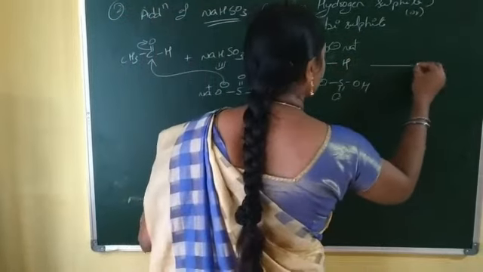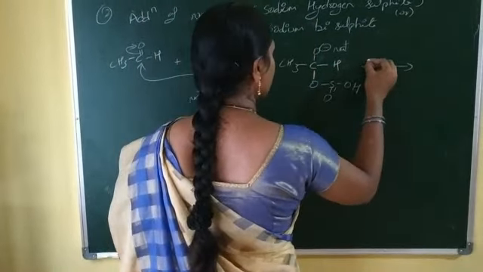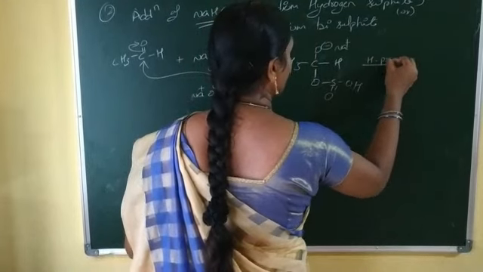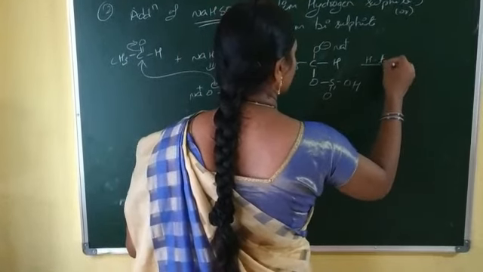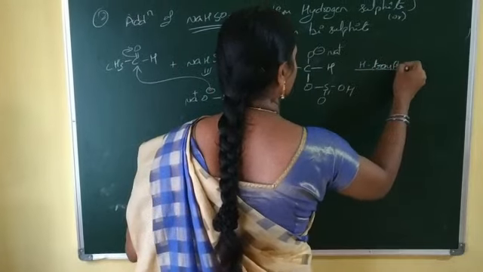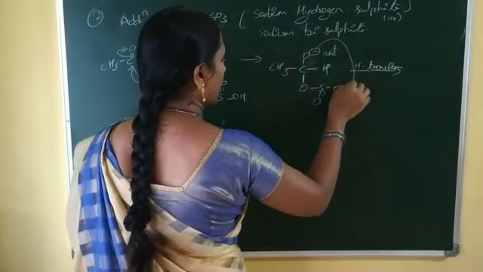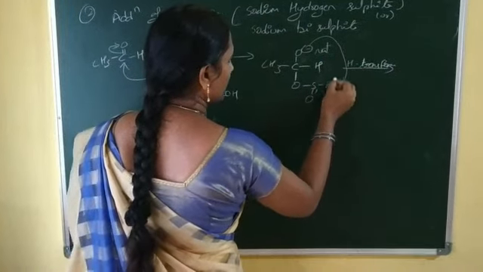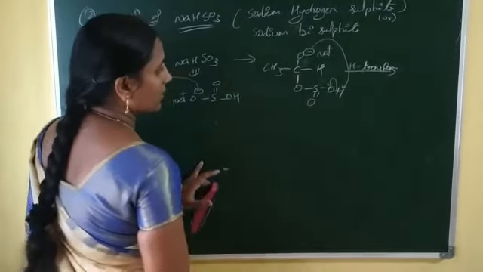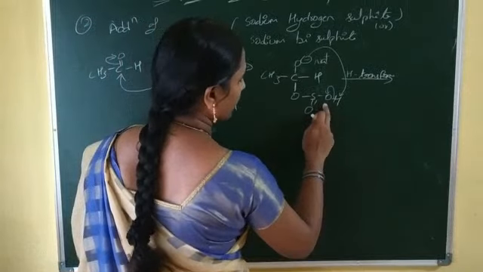In a further step, hydrogen transfer is involved. That means proton transfer. Now this oxyanion abstracts this hydrogen. Immediately this bond shifts to the oxygen side. Now this oxygen has a negative charge.